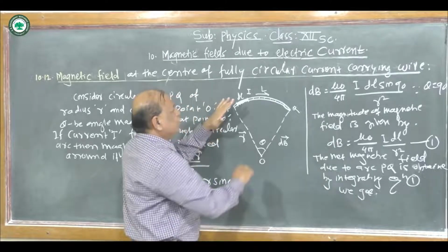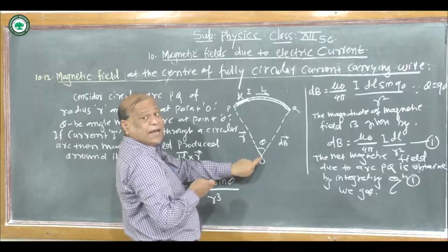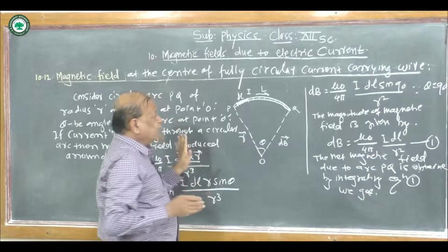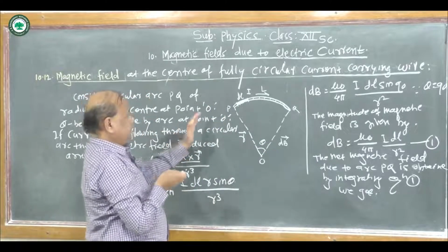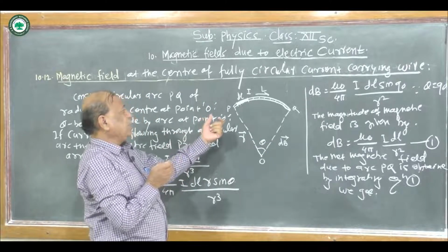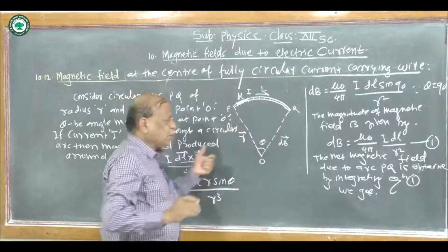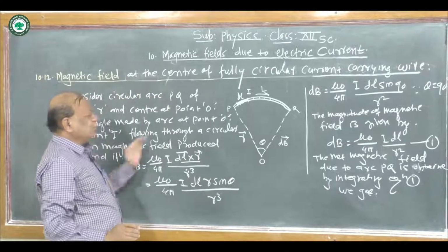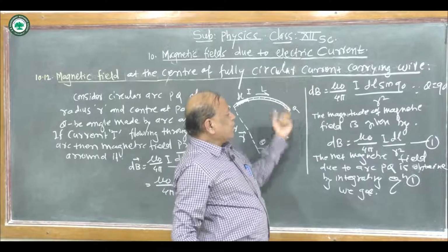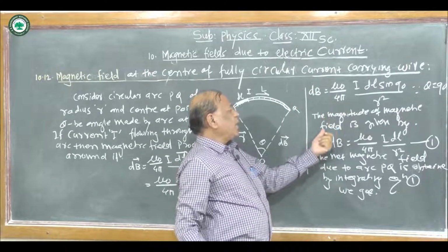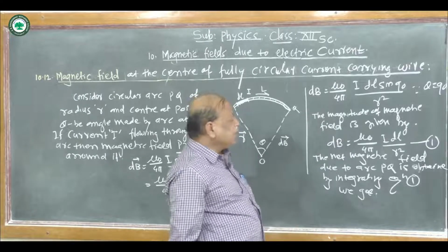We consider this circular wire and find the magnetic field at the center. First we draw the circle and find the magnetic field considering the circular arc PQ, write the explanation of this figure, and then find the magnitude of the magnetic field due to a small element dl.